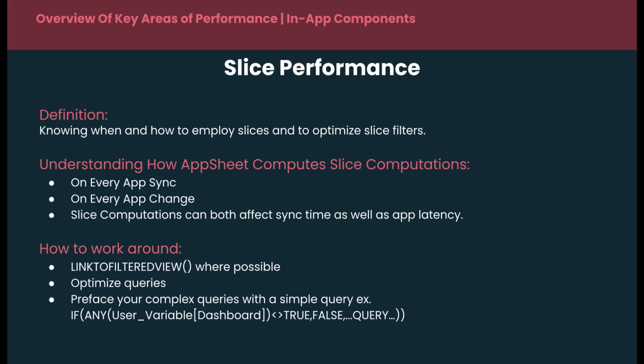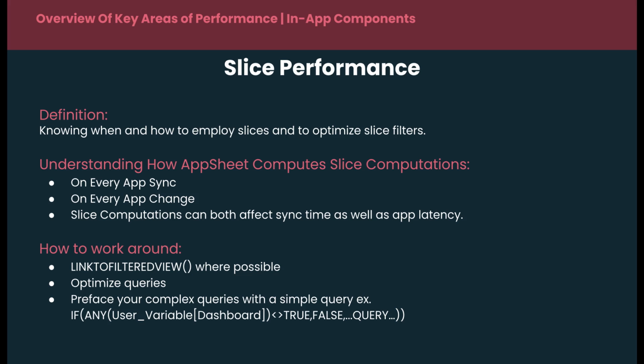All right, wanted to talk a bit about slice performance. Slice performance is very similar to virtual column performance. Again, AppSheet recalculates these computations every time you sync your app and every time you make a data change in the app.